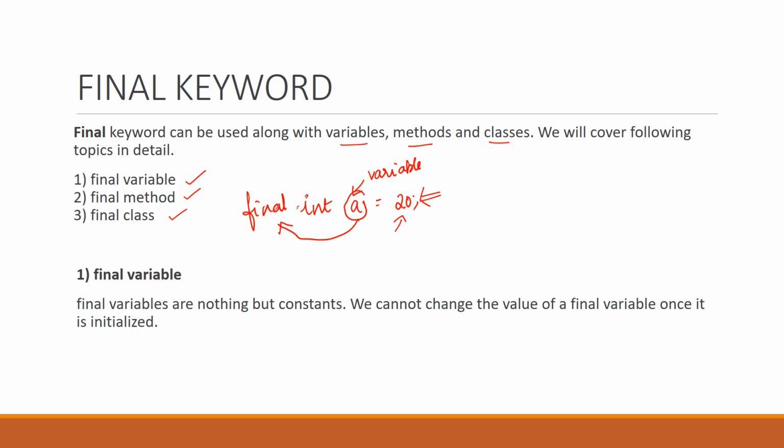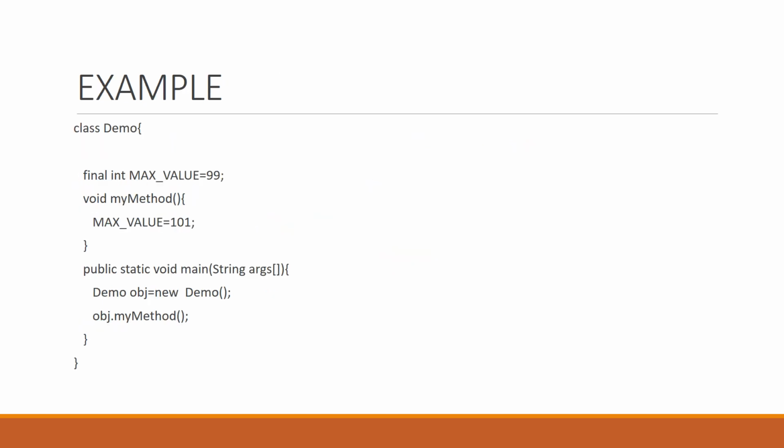That is what is meant by final variable. If you try to change this value of a to 30 now, it will give you a compile error. So if you declare a variable as final, then you cannot change the value of the variable later. So that is the concept of final variable. See the example here. Here we are creating a class called demo, and here we are declaring an integer value called 99. So what is the variable here? Max value.